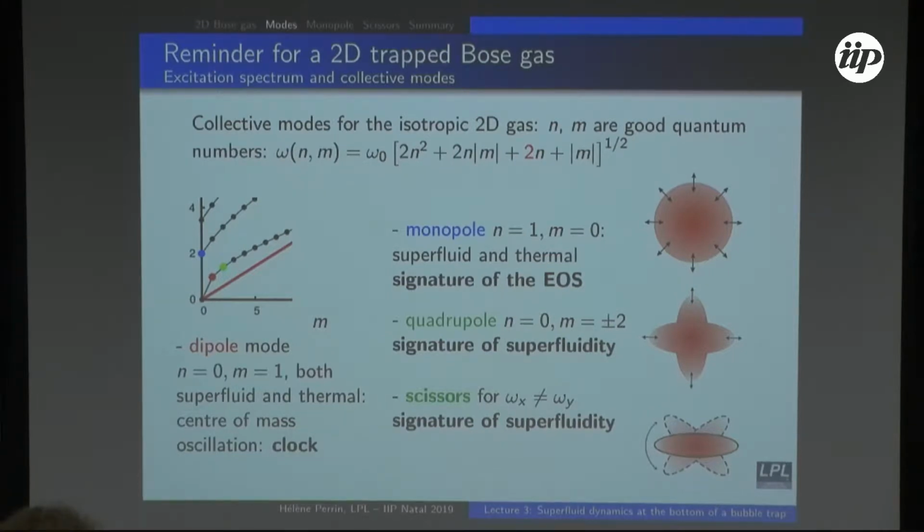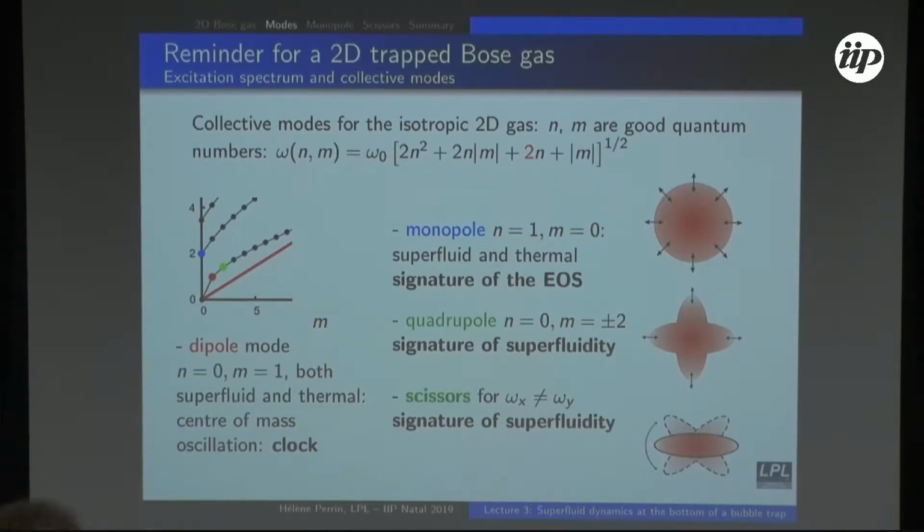It's a velocity field like this one, which is like xy, and this one is the other direction. But in any case, it's a quadrupole field for the velocity field. So nothing happens in the center, and only on the edges it flows like that. So it's a surface mode.